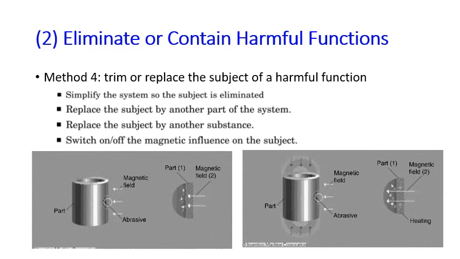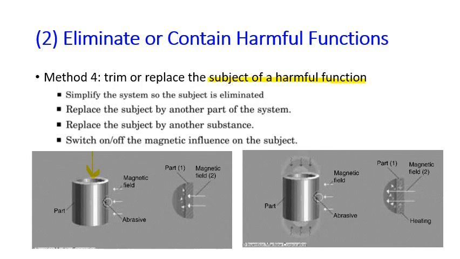The next method is we're trying to trim or replace the subject of a harmful action. An example here is that you want to grind the internal part of this part. So you want to grind the inside.